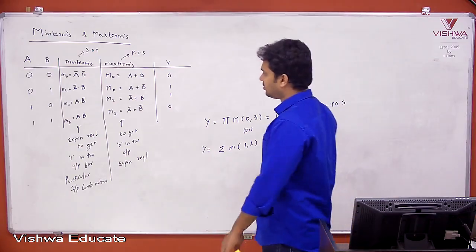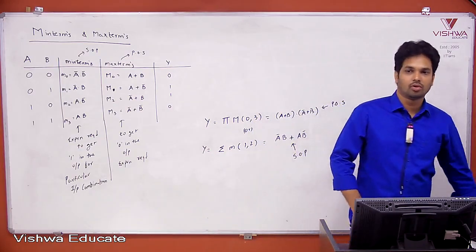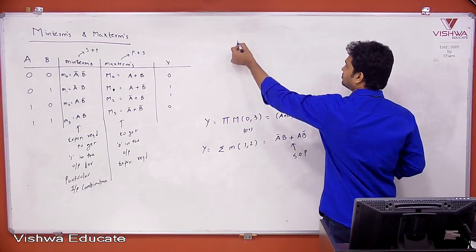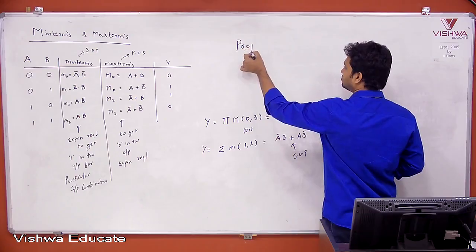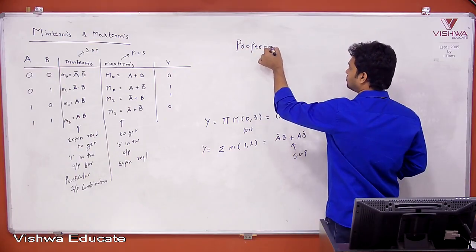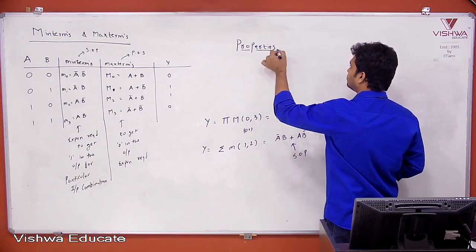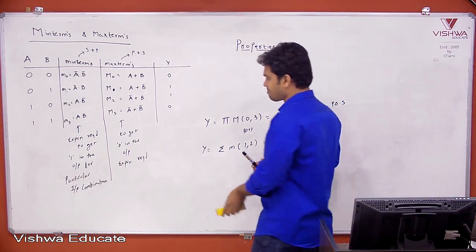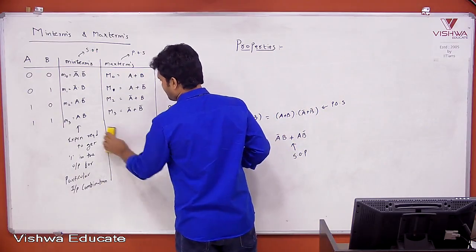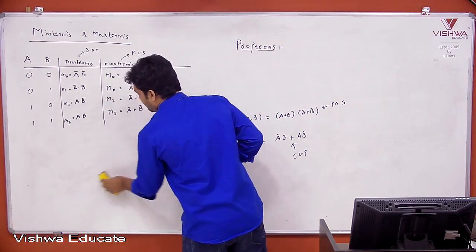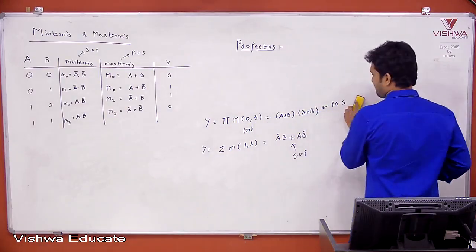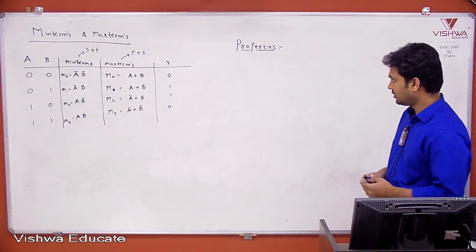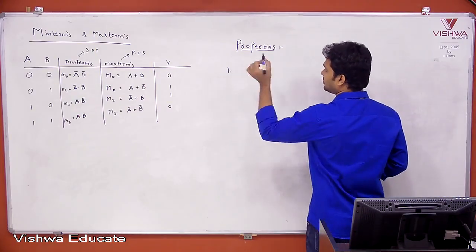Now keep this editing. Properties of SOP and POS. First point, write on the first point.